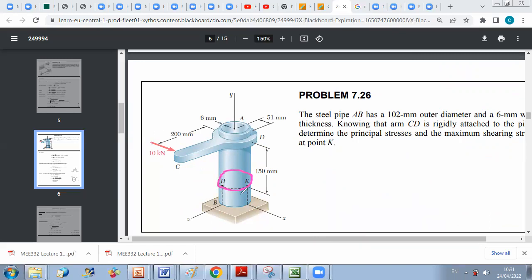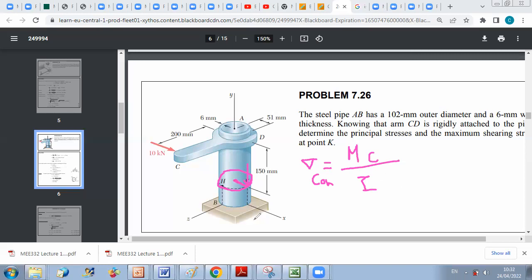So until now I determined that the bending moment will lead to compressive stress at element K. To compute the compressive sigma at K, it is the bending moment M times C over I, and C is just the radius.